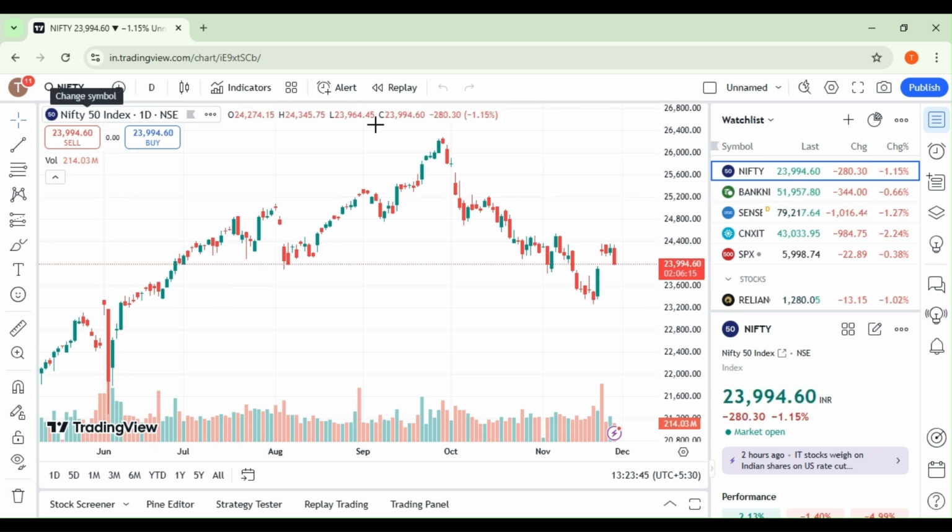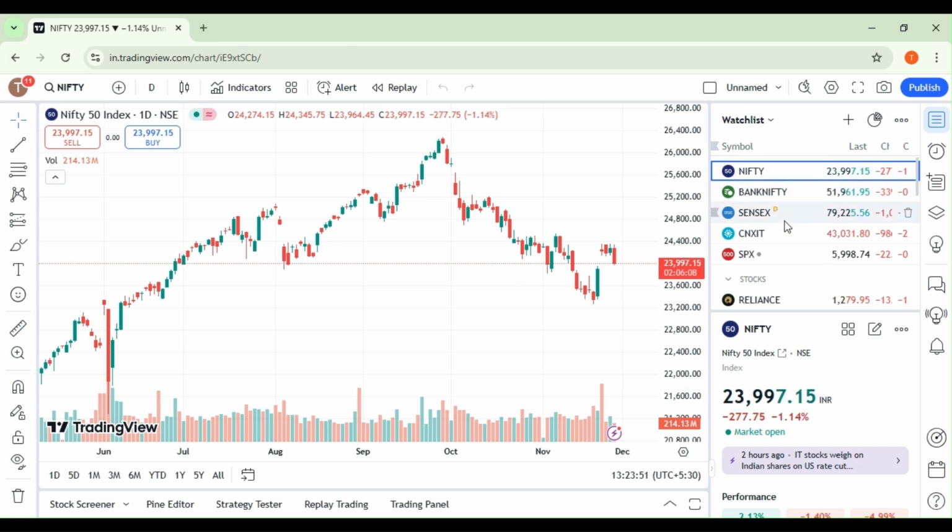Under the stock exchanges, there are many indices created by the exchange. The important ones are Sensex, which consists of all the top companies listed under BSE, and Nifty, which consists of top companies listed under the National Stock Exchange, or NSE.